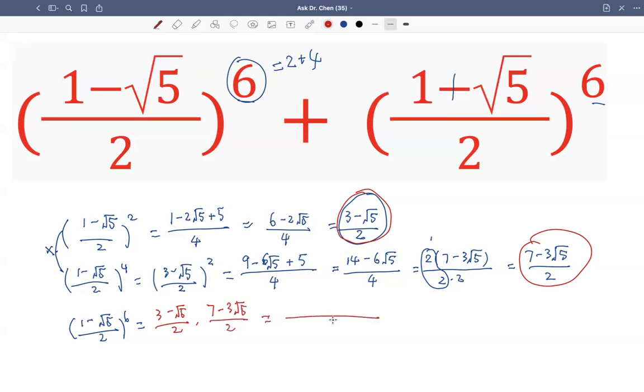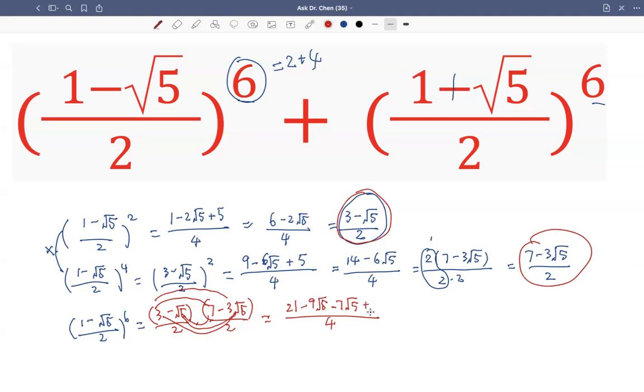So the denominator is easier. 2 times 2 is 4. The numerator will have this to multiply by this. So multiply 3 with 7, you get 21. Multiply 3 with negative 3 radical 5, that's minus 9 radical 5. Then multiply this 2, the negative 7 radical 5. Then multiply those 2. Oh, no, not that 2, because we already multiplied that. Multiply negative radical 5 with negative 3 radical 5.